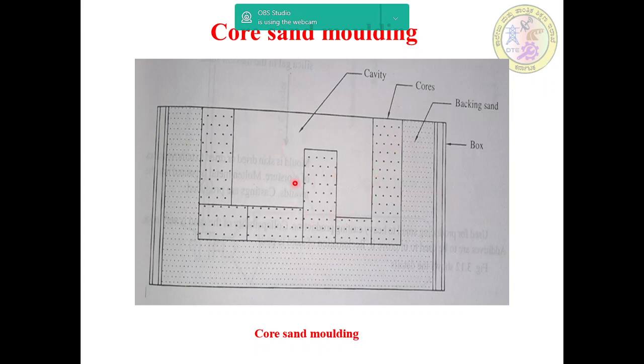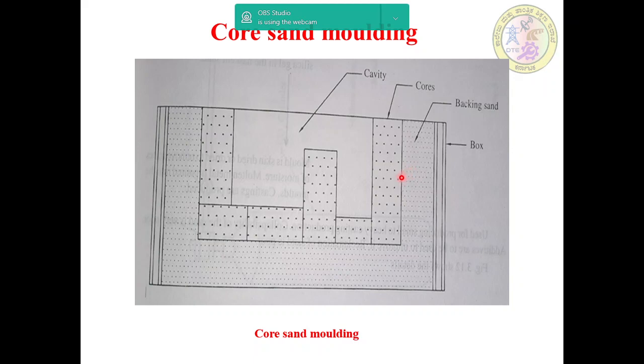Here these are the cores, and this is the baking sand. This is the mold box, and you have to fill the baking sand. Afterwards, whatever required size you can place the cores, and then you get this mold cavity. Cores are set and packed tightly in position against the baking sand.